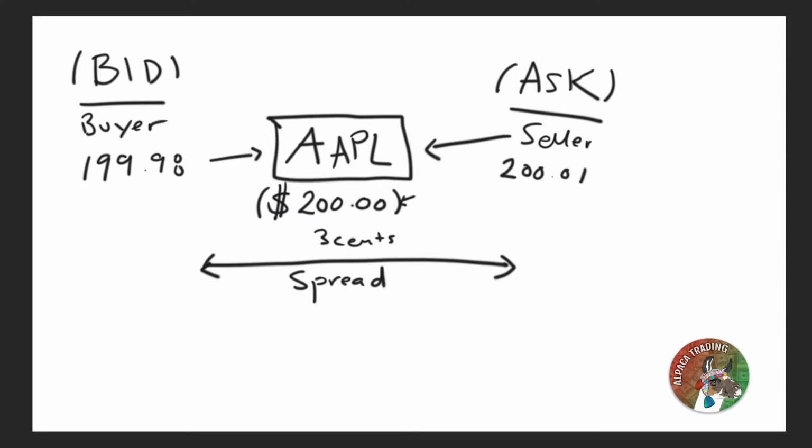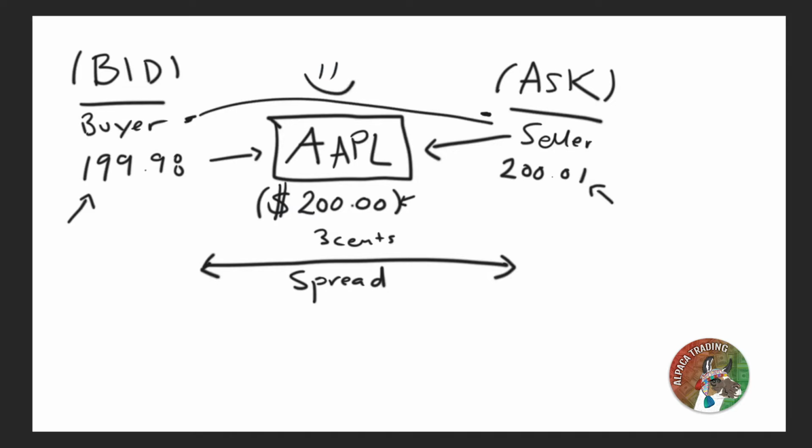So it basically means that the next seller in line wants to basically offload their stock for $200.01, whereas the next buyer in line only wants to pay $199.98. So what's really happening is at some point the buyer and a seller are going to be matched to become awesome friends.